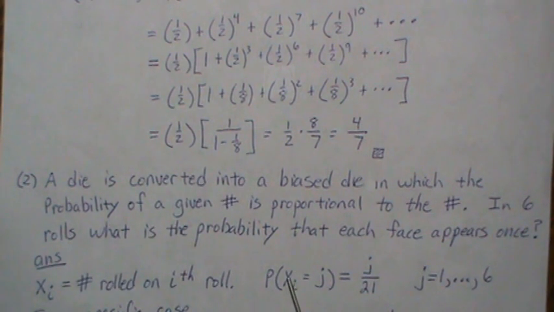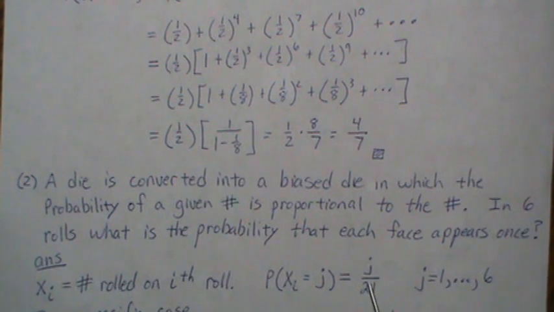The probability that Xi equals j, where j is 1 through 6, is j over 21, because the sum of 1 through 6 is 21, and since each probability is proportional to the number rolled, all these will add to 1.